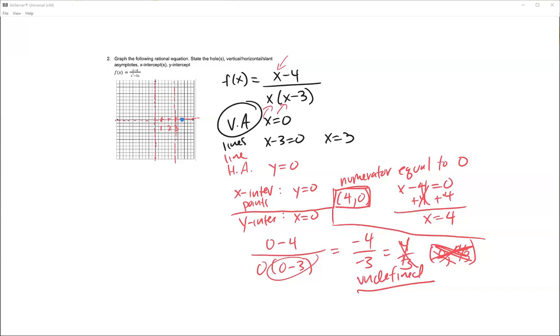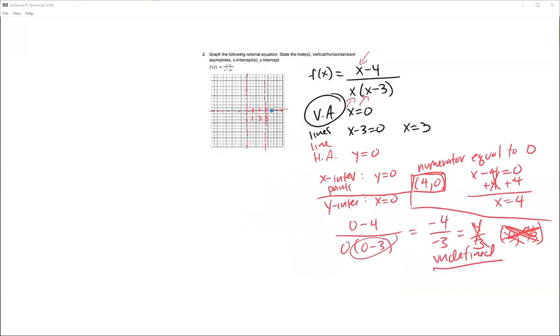So, all right. So you plug in points here. You plug in -1, and you plug in 1, 1.5, and 2. Okay.